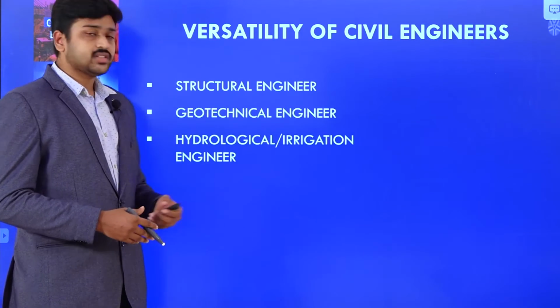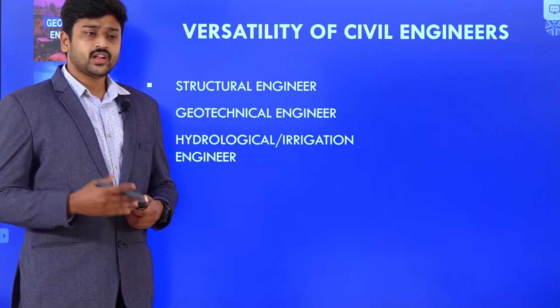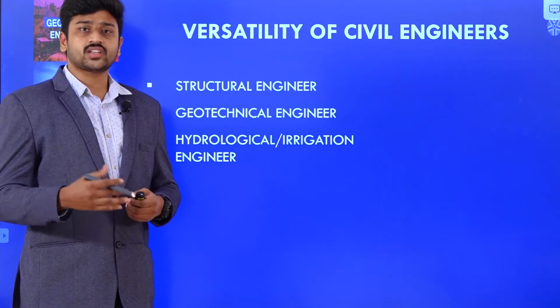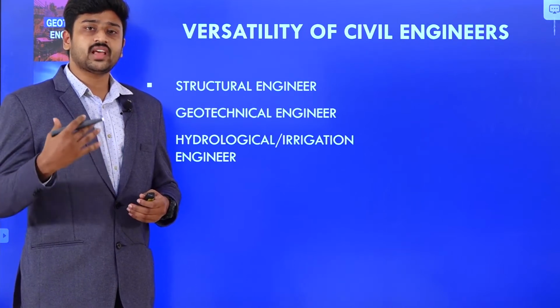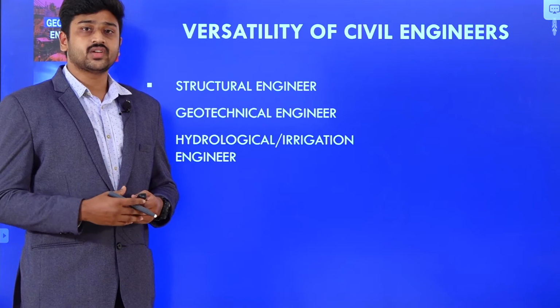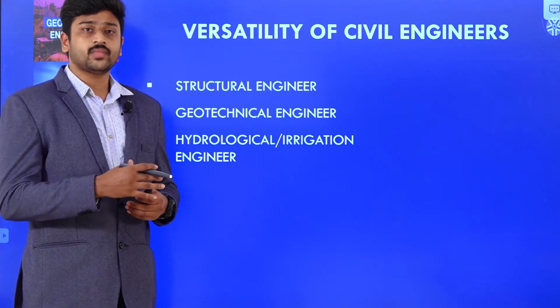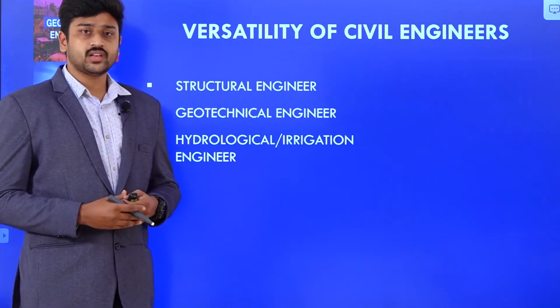And the other one is hydrological or irrigation engineering, where, if you consider an earthen dam, any other hydraulic structure or a reservoir, how do we as engineers analyze these, how do we construct these, what are the different criteria, and how do we interlink them to the entire civil engineering aspect. This will be discussed in this particular unit.